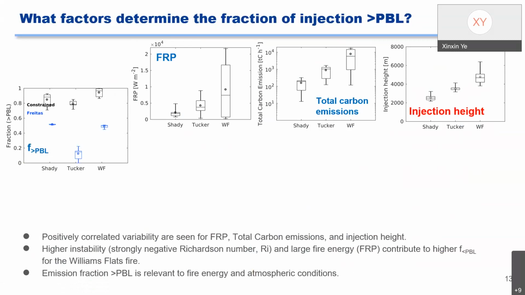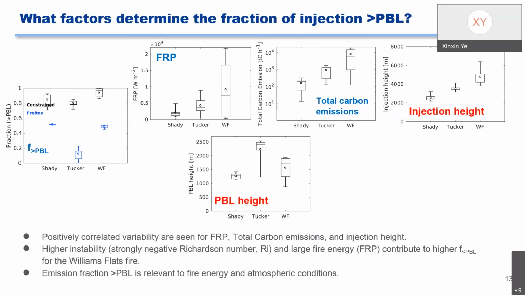This makes sense because the injection height and emission would correlate with the fire radiative energy, which is determined by the amount of fuel that it can provide during the burning. However, the FRP, total carbon emissions, and the injection height do not show much correlation with the fraction of injection.